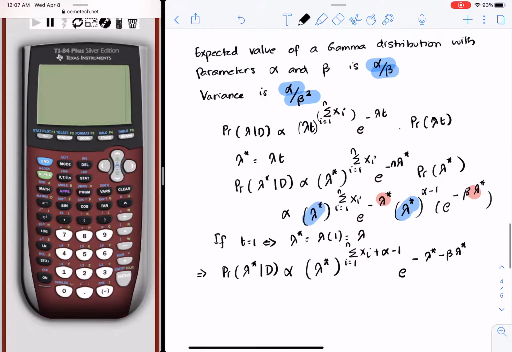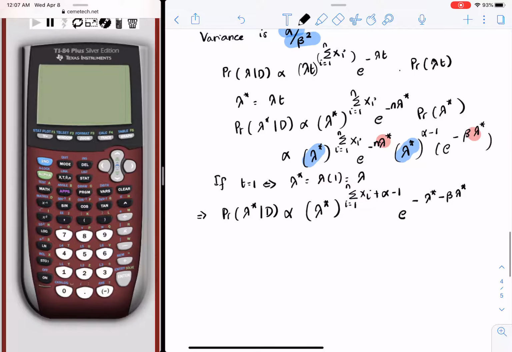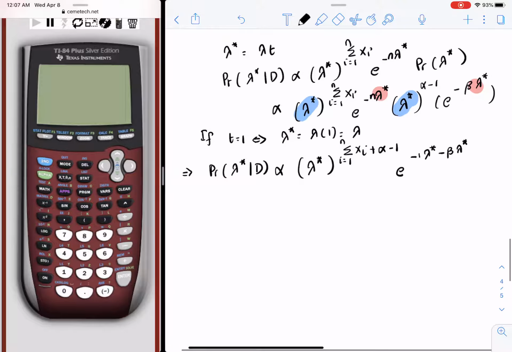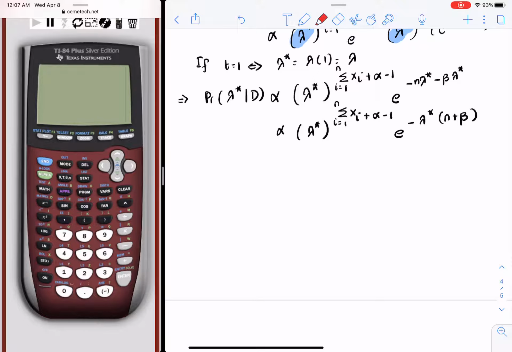And I forgot the n over there. So we would end up getting this expression, lambda star raised that term and e raised lambda star times that term.